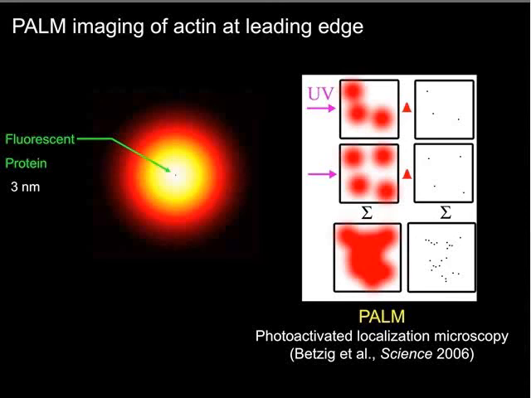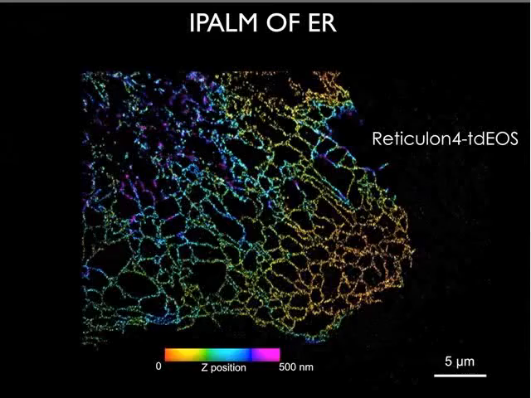Now, in the first set of experiments that I'm going to be showing you, we've used this single molecule localization approach in fixed cells to look at the distribution of molecules associated with particular organelles.